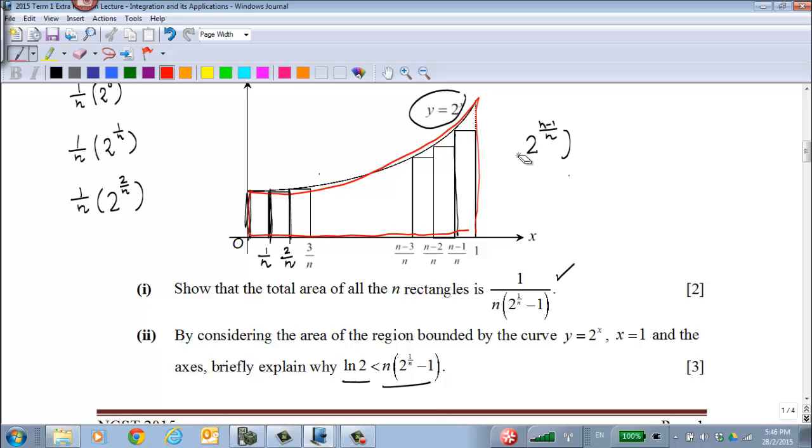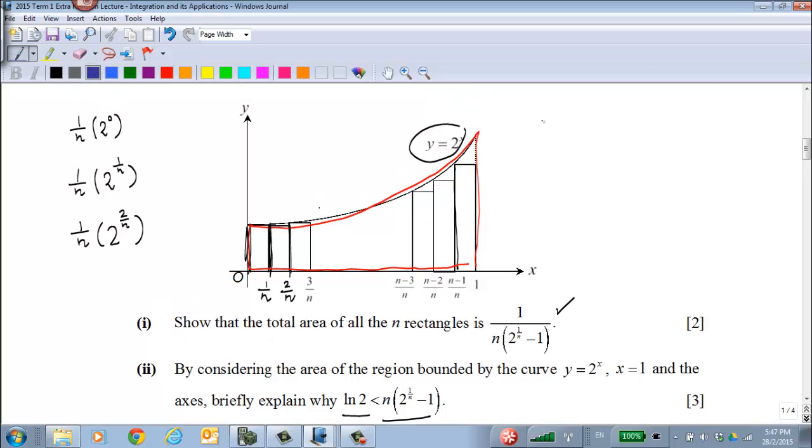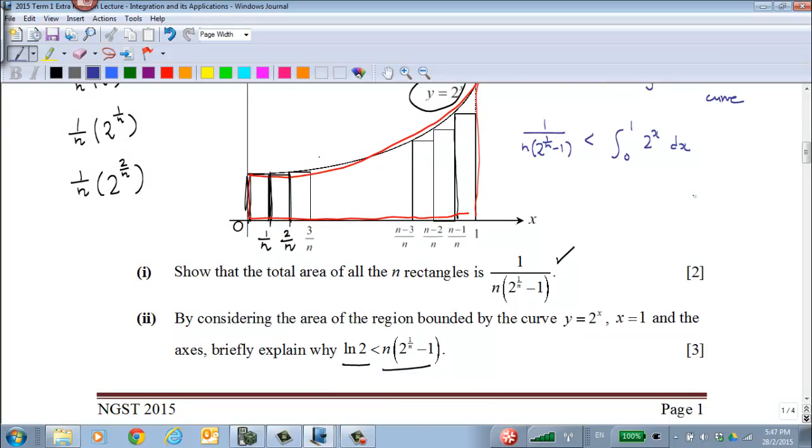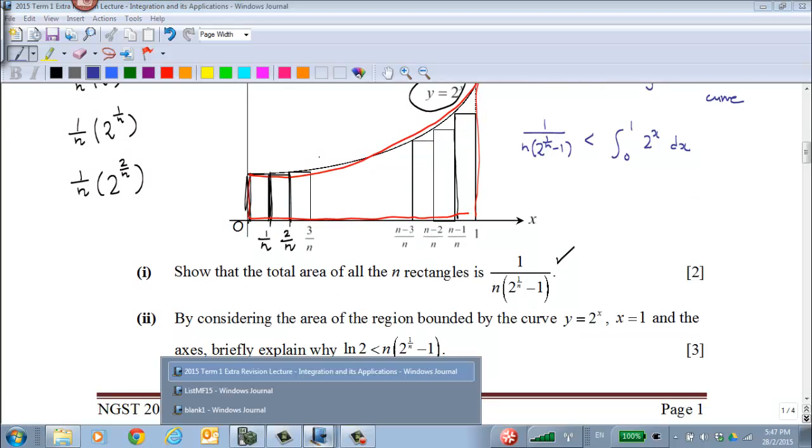So how do you formulate this inequality? We say that the area of n rectangles is less than the area under the curve, which means that 1 over n times the bracket 2 to the power 1 over n minus 1 will be less than the integration from 0 to 1 of 2 to the power x dx.